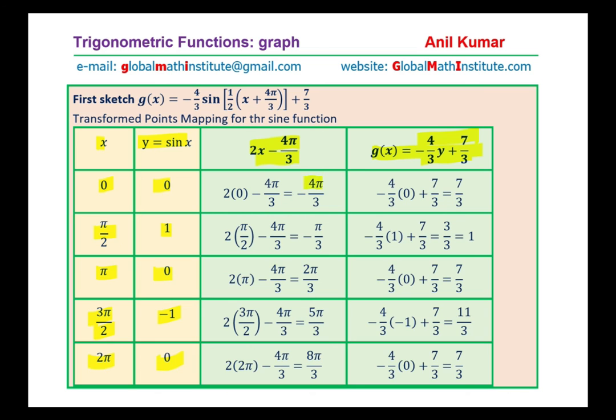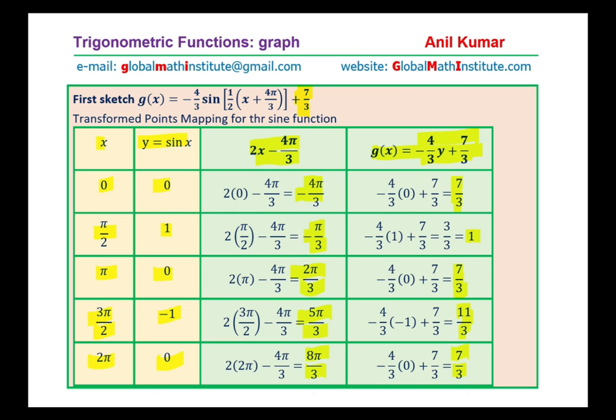So the graph actually begins at minus 4 pi by 3, which is to the left, and at that time the value is 7 over 3. Right, so 7 over 3 is the axis now for the graph. The next value is minus pi by 3 with 1, 2 pi by 3 with 7 over 3, and then we have 5 pi by 3 with 11 over 3, and this is again back to the axis.